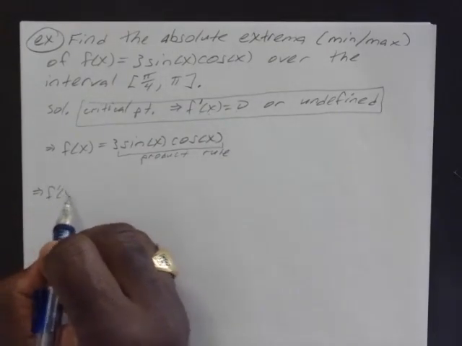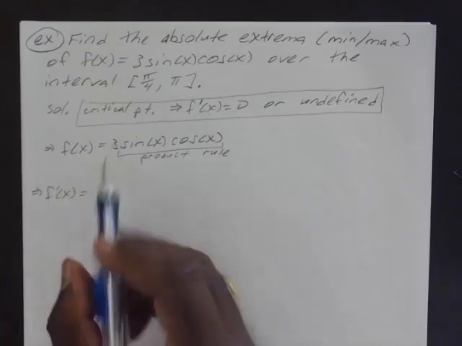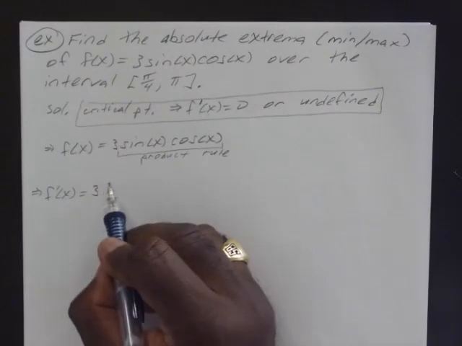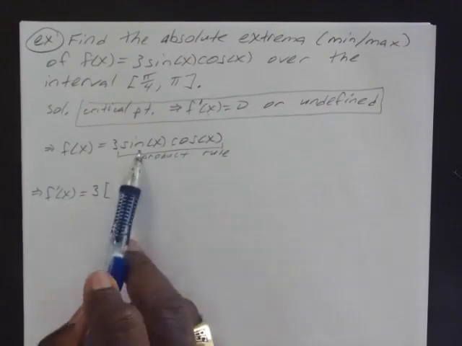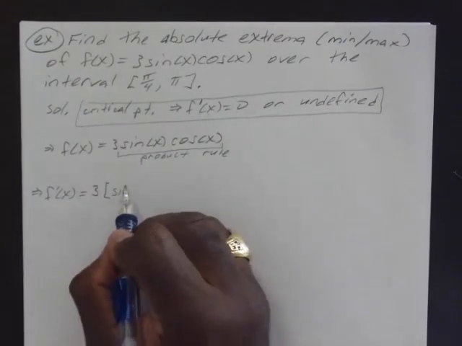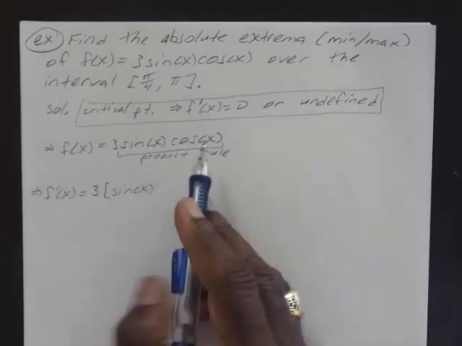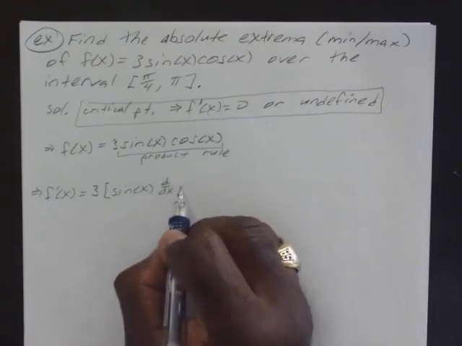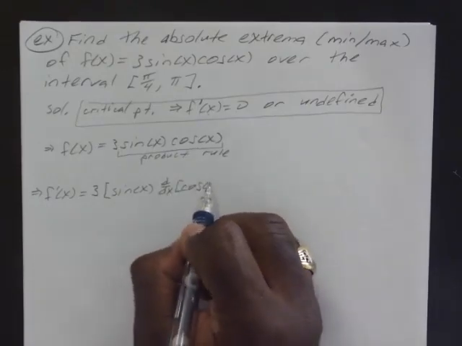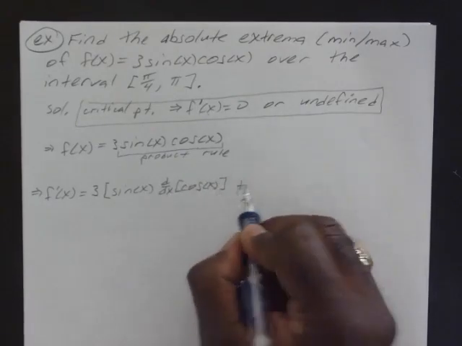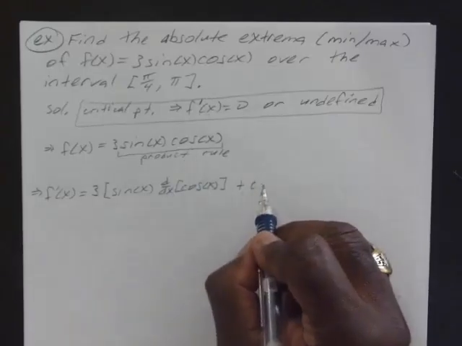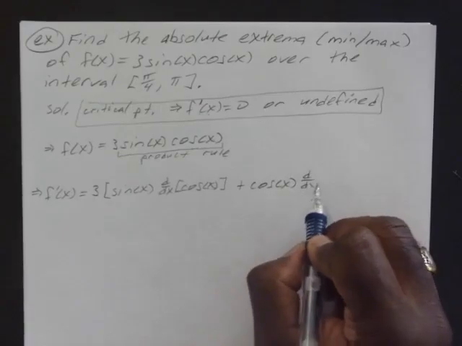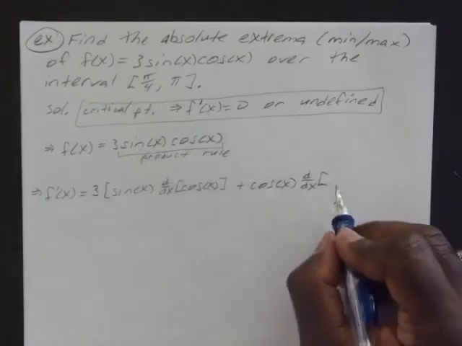So your f prime of x is equal to, we'll go ahead and factor that 3 out to the front, your first function times the derivative of your second, plus your second function times the derivative of your first function.